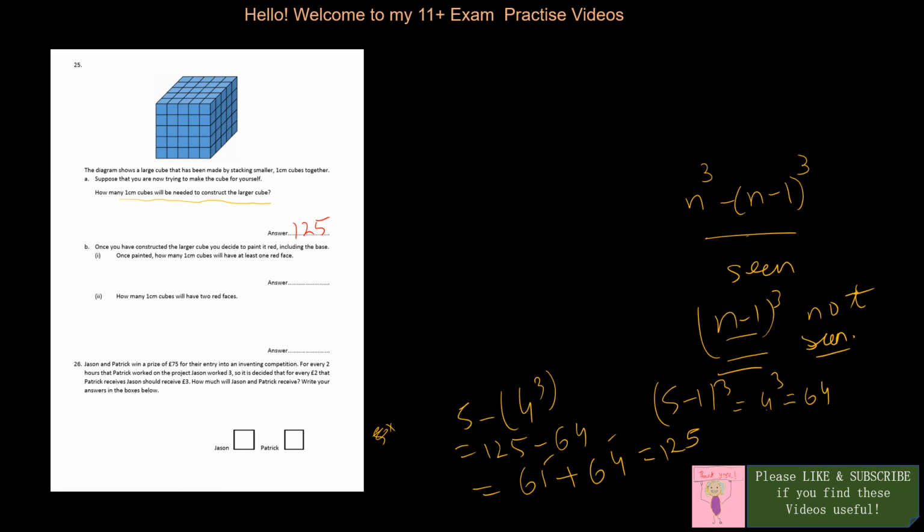The outer cubes can be seen, the inner ones are hidden. Do you understand what I mean? There are cubes inside that are hidden. So it's just the ones that can be seen plus the ones that are hidden.